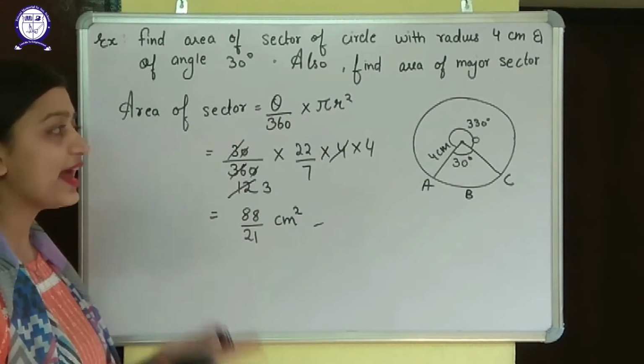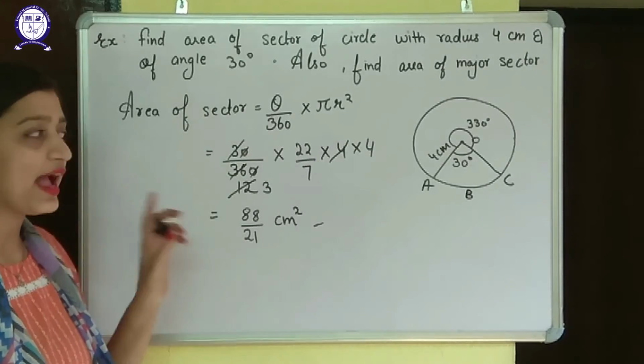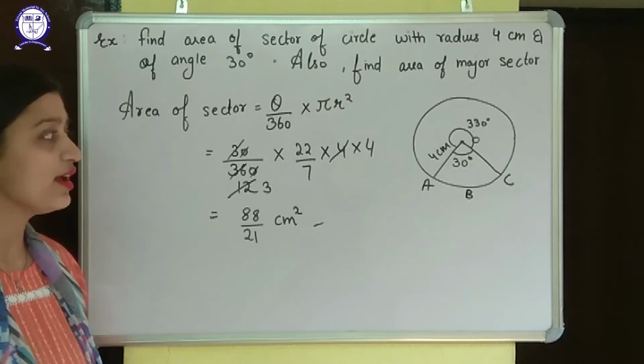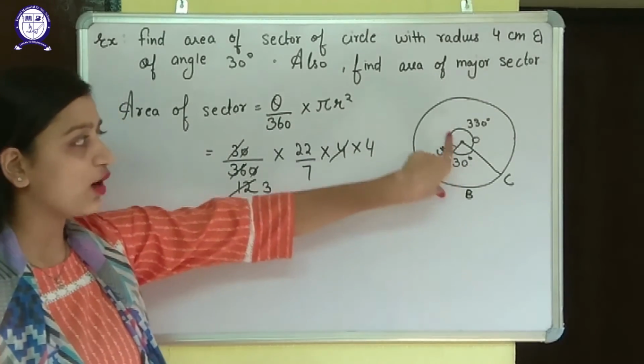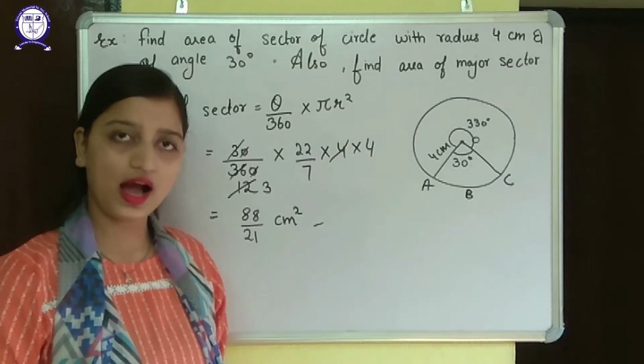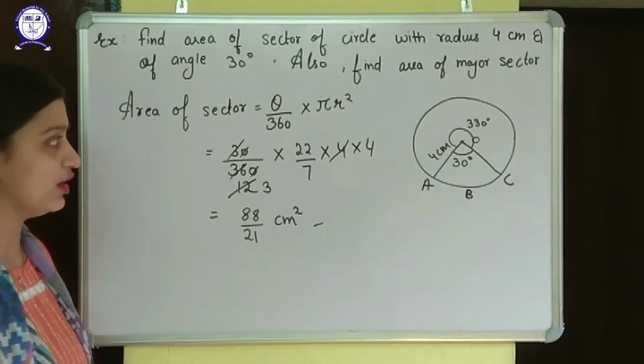Okay, and then I can put the formula of area of sector again, but at this time theta will be 330 degree. Okay, I can find the outer angle and then I can apply the area of sector formula again. This is my doing the question in one form.